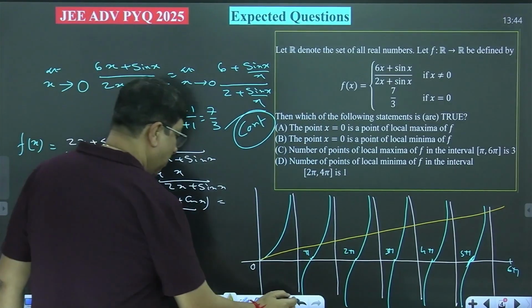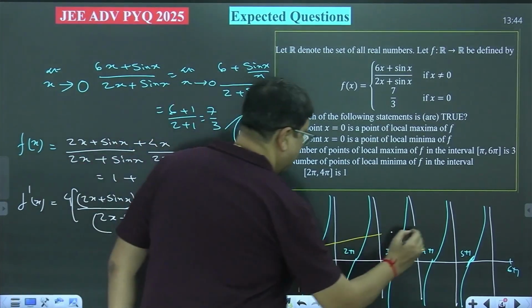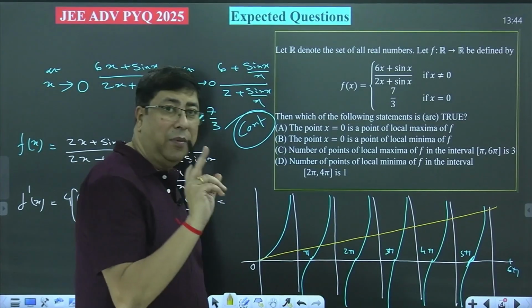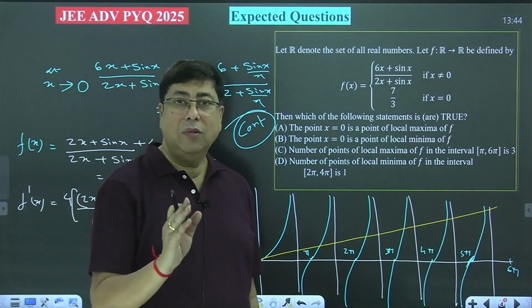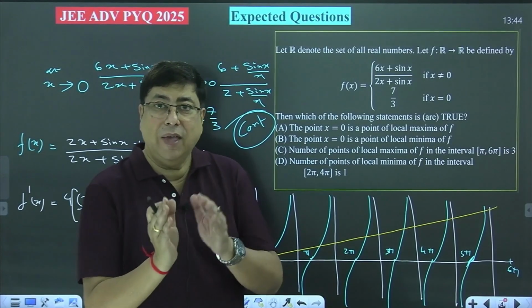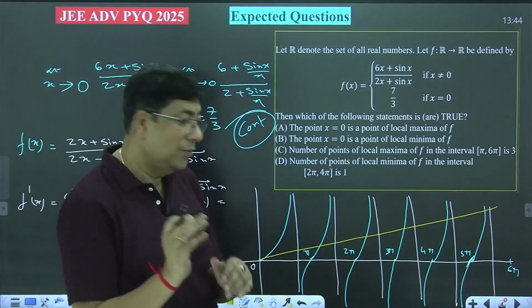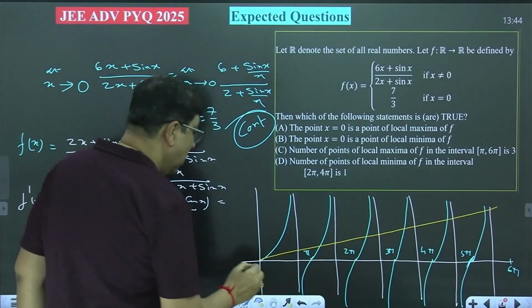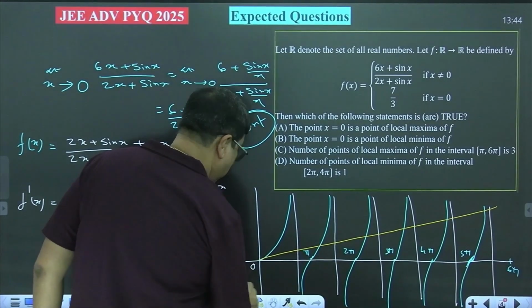In this case, once again, they cut at 0, and everybody remember one thing, we know that between 0 to pi by 2, tan x is above x, and sin x is below x. So tan x is above x, and the first point of intersection is this point.